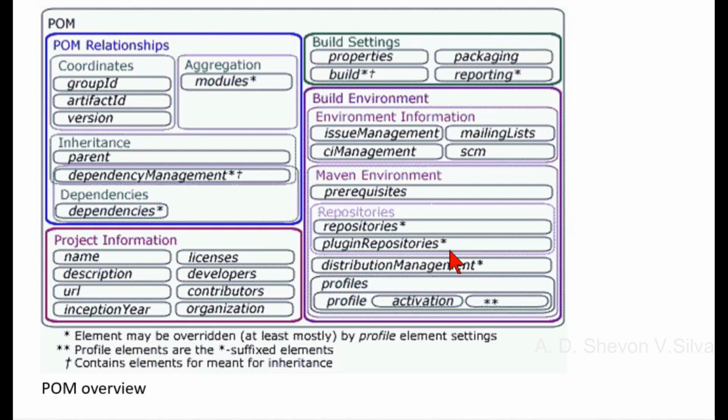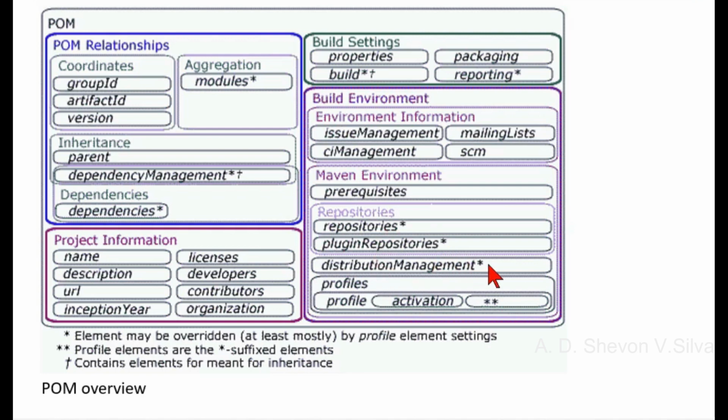Because of this, plugin repositories may be separated from other repositories, although I have yet to hear a convincing argument for doing so. In any case, the structure of the plugin repositories element block is similar to the repositories element. The plugin repository element each specifies a remote location where Maven can find new plugins.